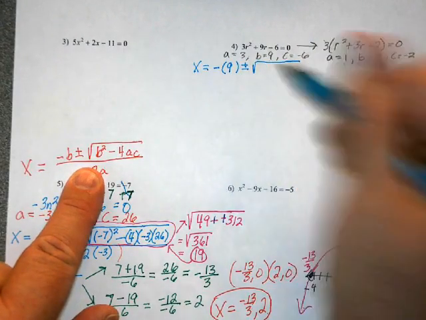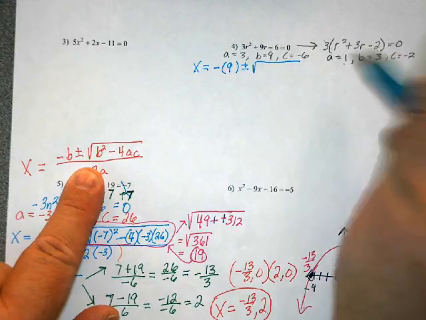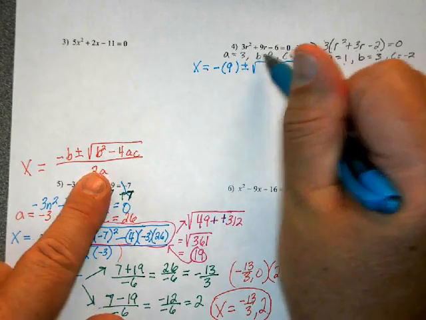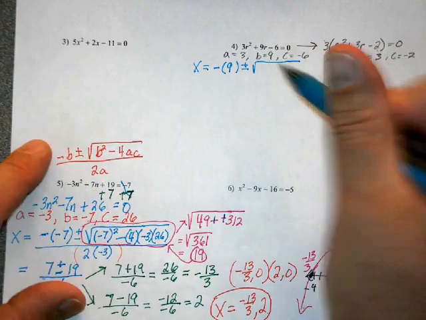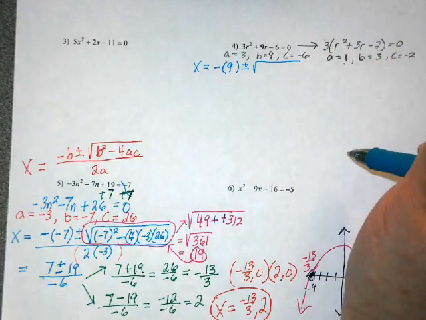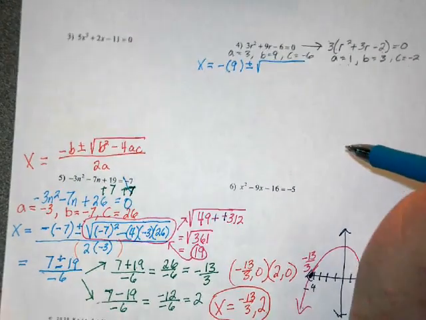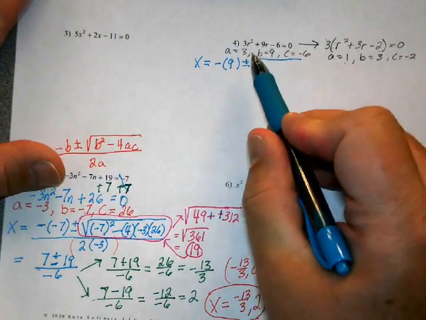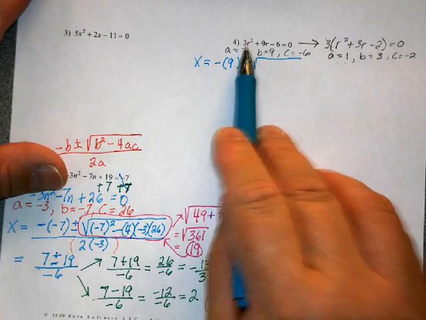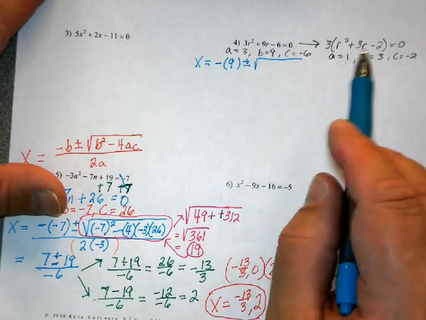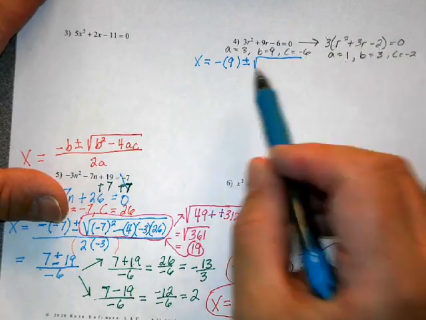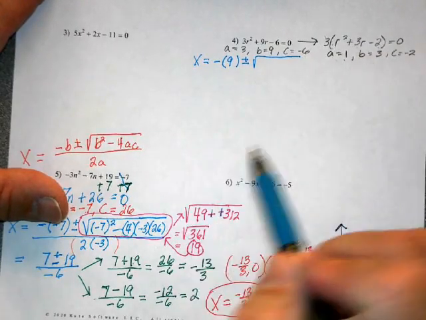Wait, I thought you were going to use the reduced term. No, I'm going to use the not reduced ones because I want to show you how to reduce it at the end of the problem. If you're lucky enough to notice you can factor out a 3, then go ahead and do it, because it's going to be easy. But we'll do it at the end instead of the beginning.